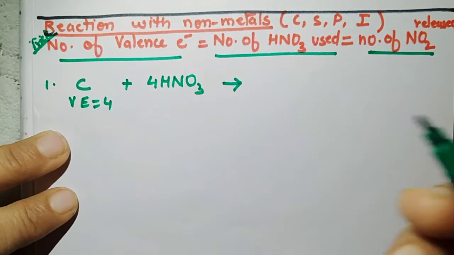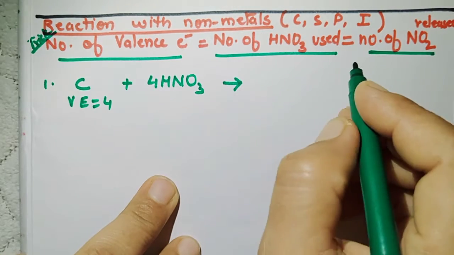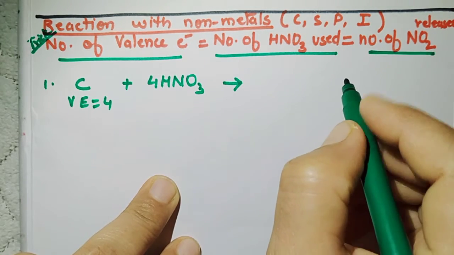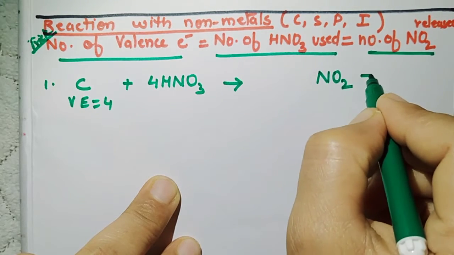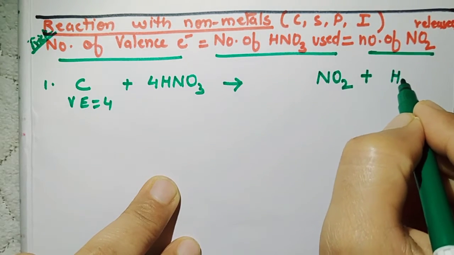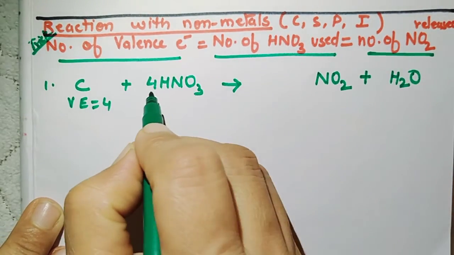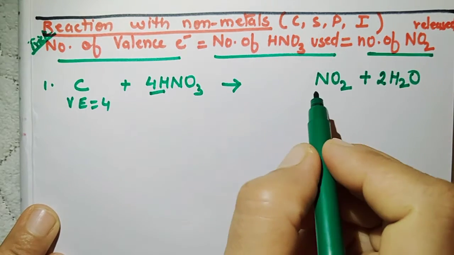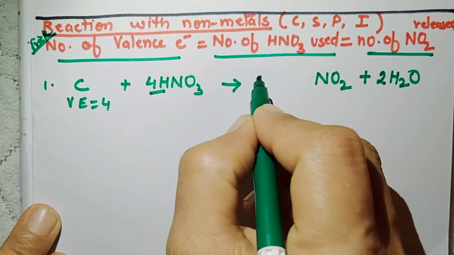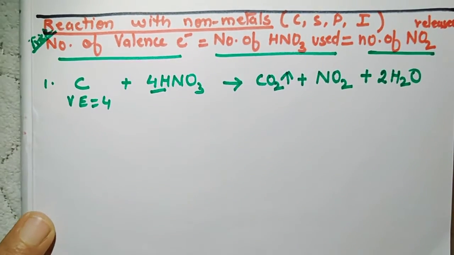NO2. और कितना NO2 देंगे आपका? जितना आपने यूज़ किया है. Now it will be equal to your 4 NO2 plus H2O. How much H2O? It is 4 here, so it will be your 2. What is remaining? It is your CO2. Because this is gas, so up-headed arrow.